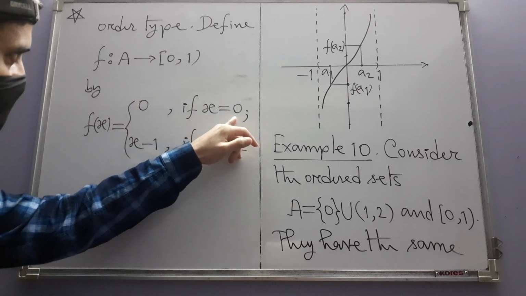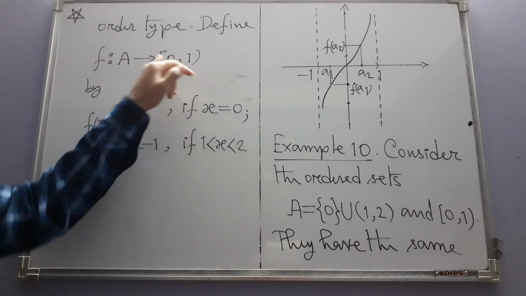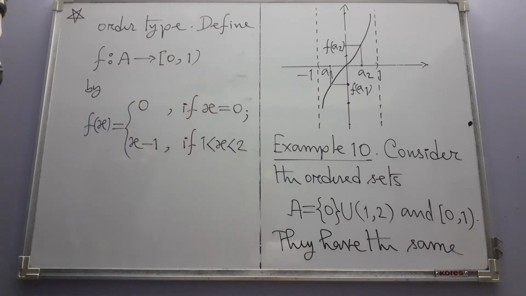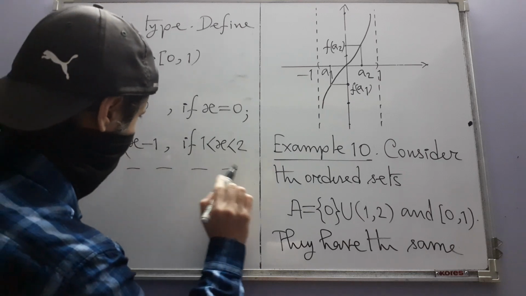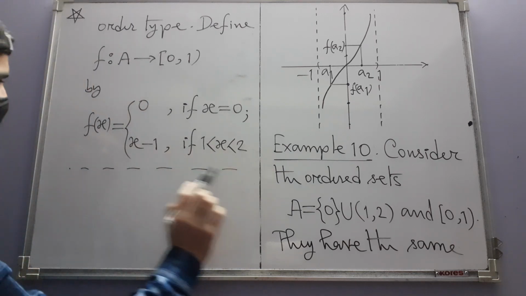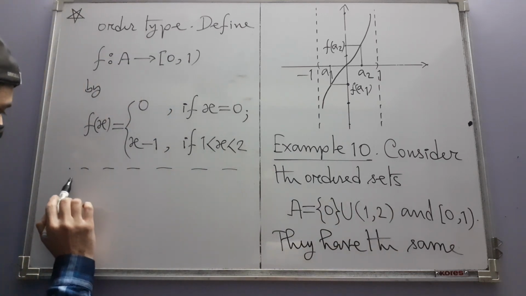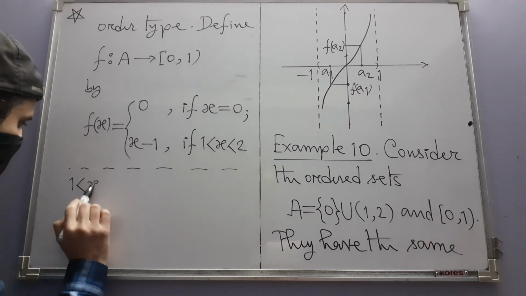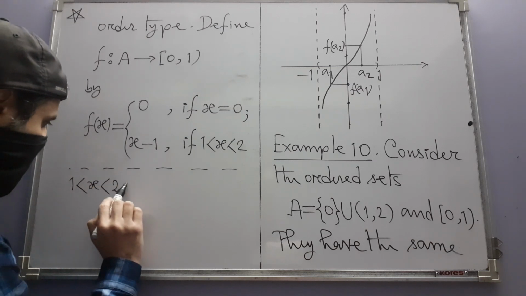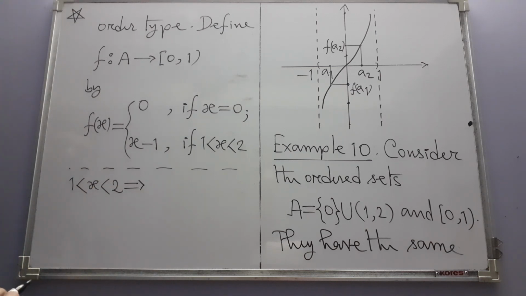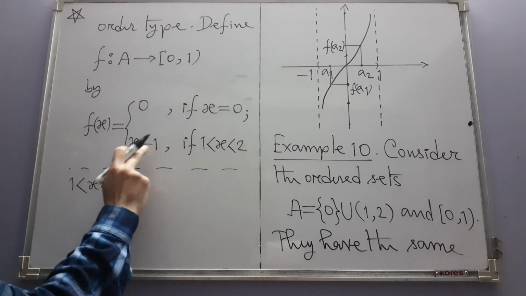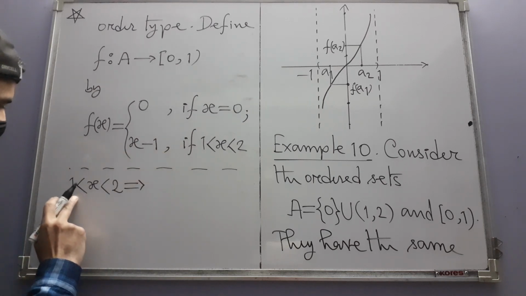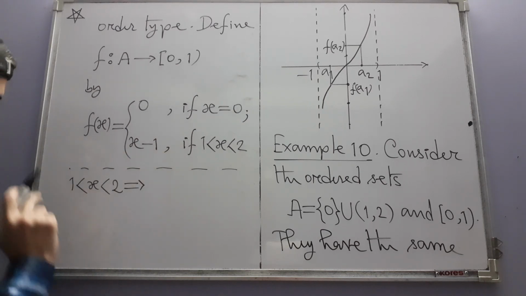So let us first see if we do get the outputs in this second set. If my input is 0, the output is also 0, which is present here. Fine. If my input, however, is coming from this portion of the domain, then my input x looks like this, and the output, according to this rule, is x minus 1. What can we say about x minus 1 from these inequalities?